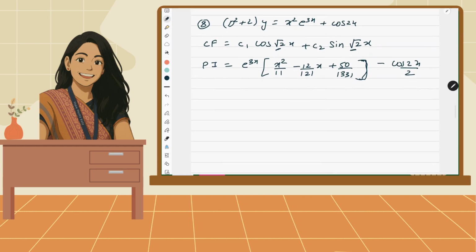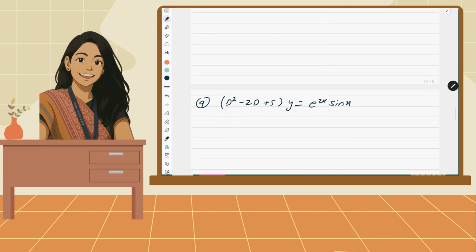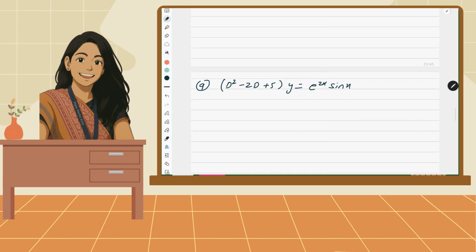So again I will say don't get scared by the numbers. Okay. So 8th question you try yourself. It is exactly same as the 7th question, only numbers are coming big, that's it. Then in this question what you have to do, you have to put first D is equal to D plus 2, which will solve your exponential part, and then you have to apply the case 2 sine 2x, right?